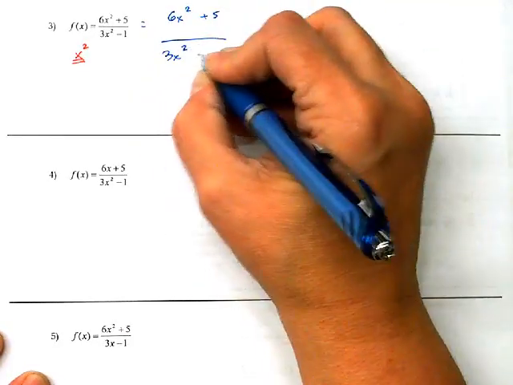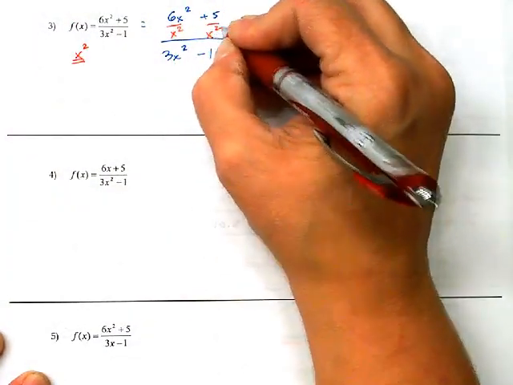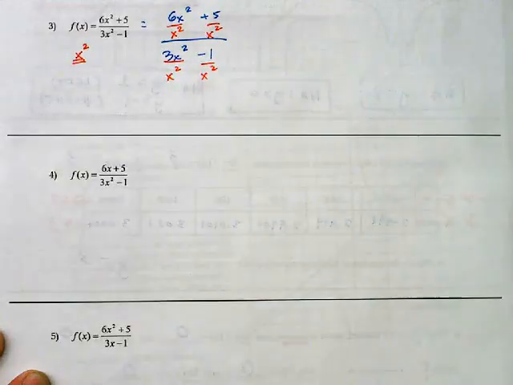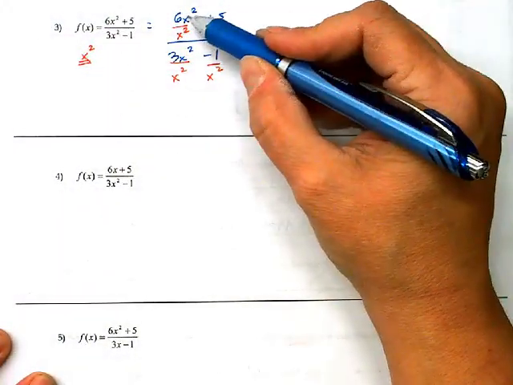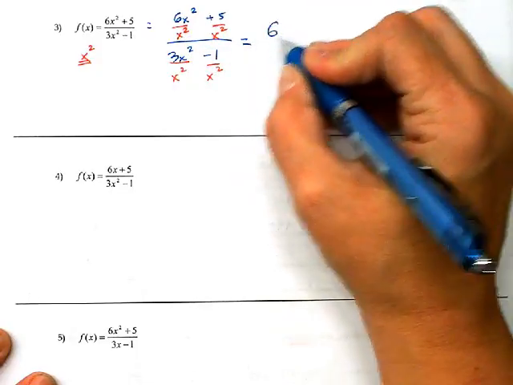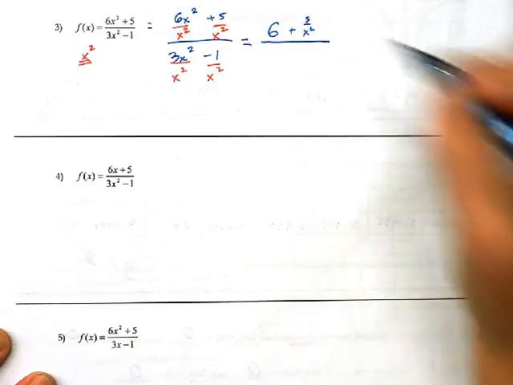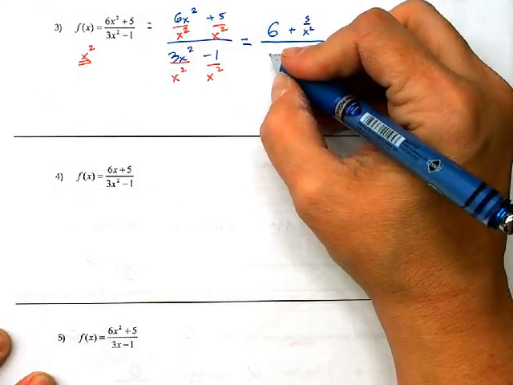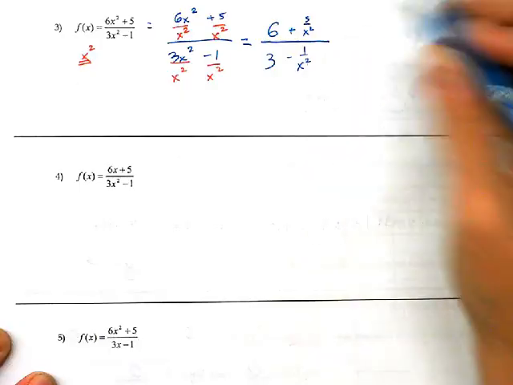Why don't we, once again, change the appearance of the function without actually changing what it's all about and what its graph would look like, and I'd like to divide every single term by x squared, and then simplify where I can. 6x squared over x squared works out very nicely to 6. 5 over x squared just doesn't. 3x squared over x squared is great, and 1 over x squared does not reduce.